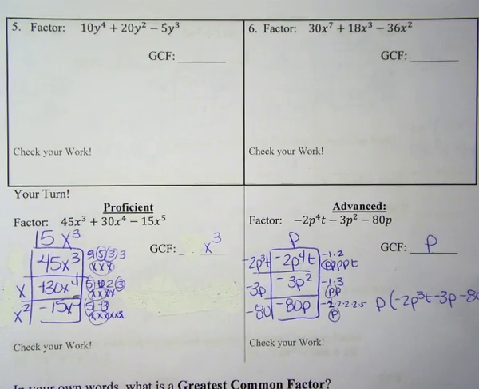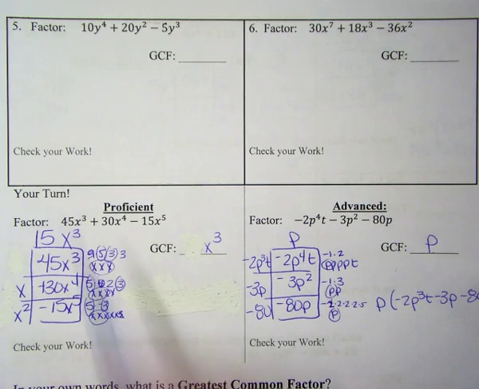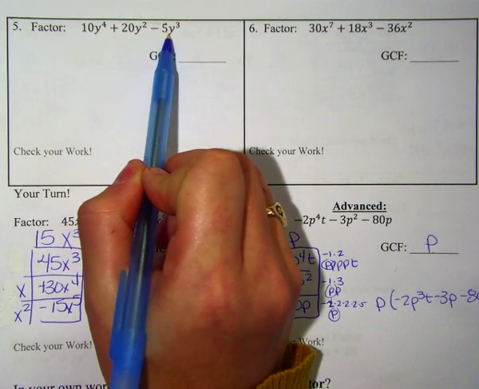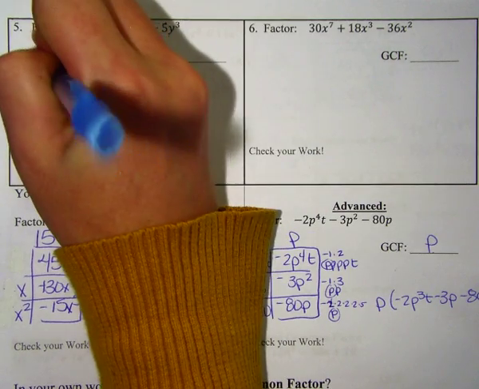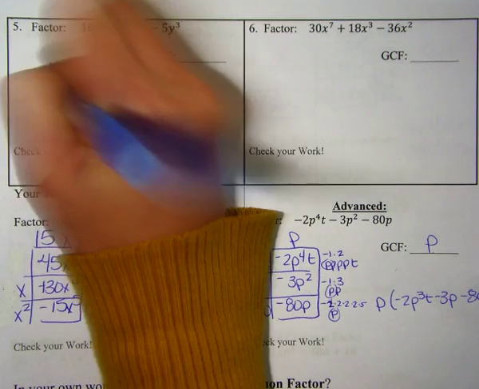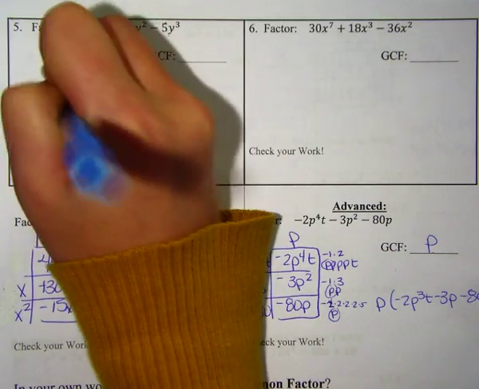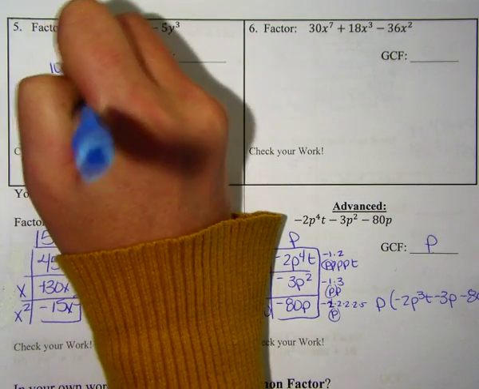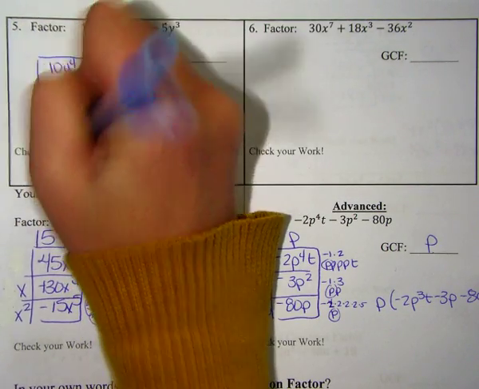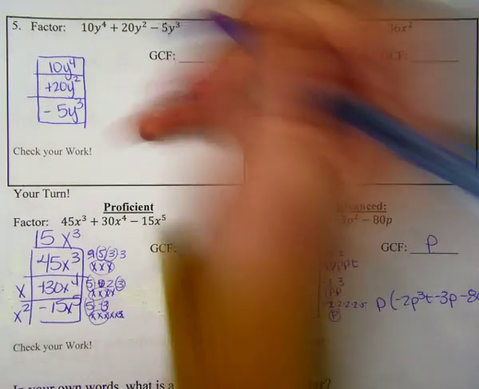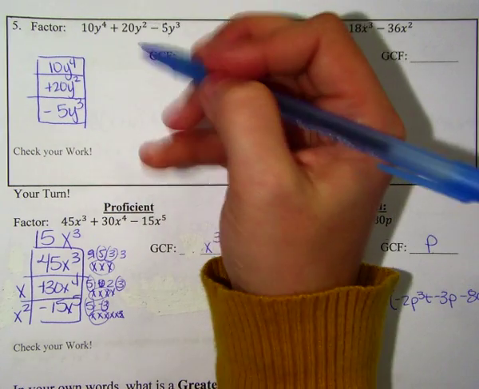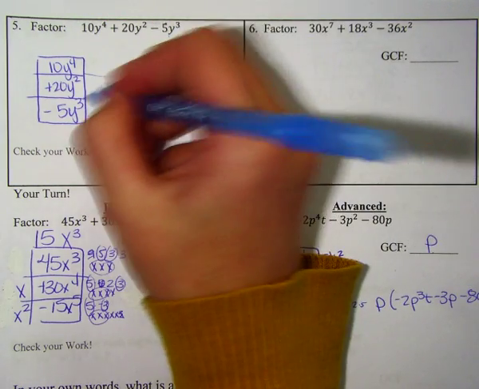Now, questions 5 and 6, the only difference is now there's 3 terms. So we're going to draw 3 boxes. 10y to the 4th plus 20y squared minus 5y to the 3rd. Now when we're looking for the GCF, we're looking for the number that's common in all 3 of the lists, not just 2 of them.